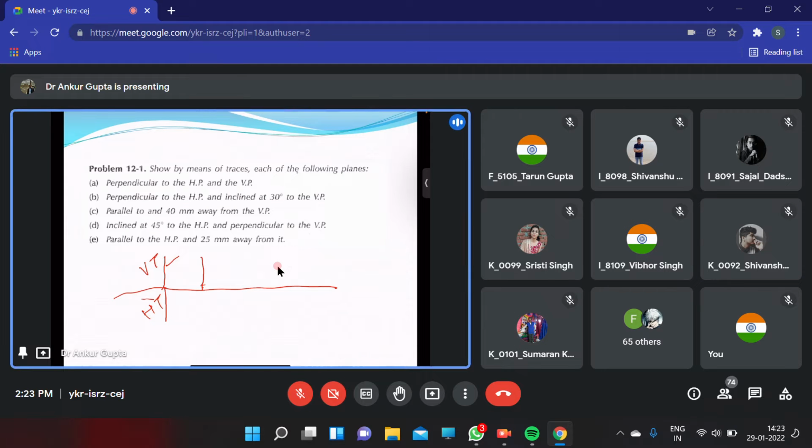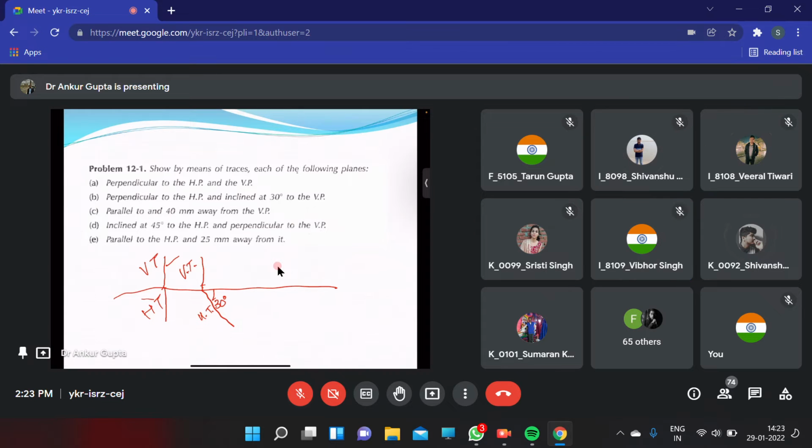And inclined at 30 degree to the VP. Now the plane is inclined at 30 degree to the vertical plane. तो ये कहाँ दिखेगा हमको? Horizontal plane. ऐसा कुछ दिखेगा? Right here VT here. देखो समझ आ रहा है?